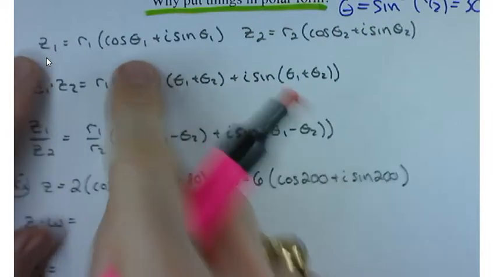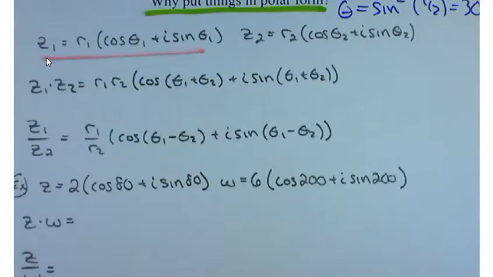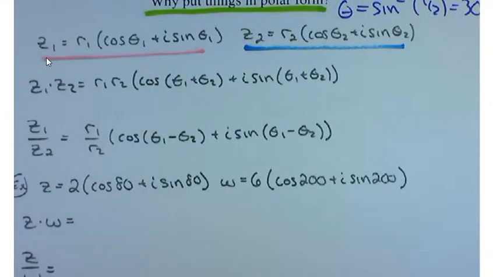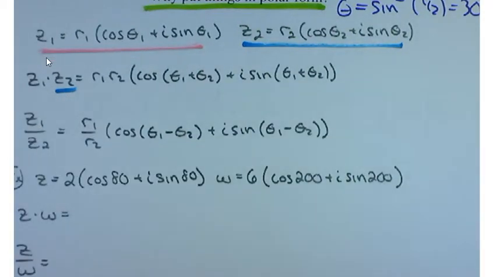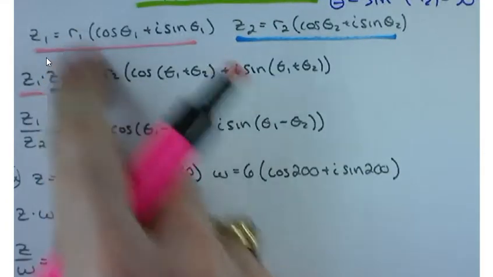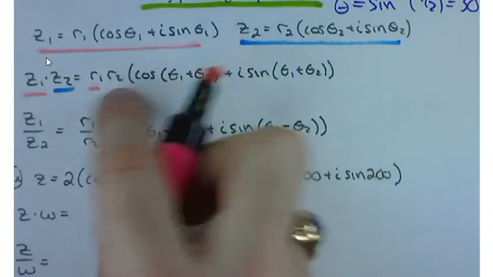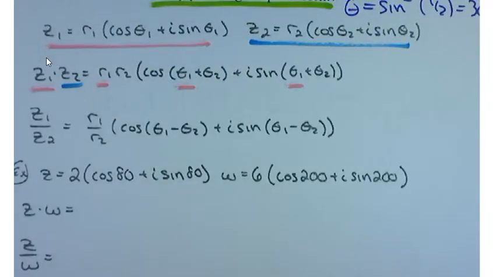So I've got two numbers in polar form, one here and one here. When I multiply numbers in polar form, all you have to do is multiply the radii, that is r1 times r2, and add the angles.